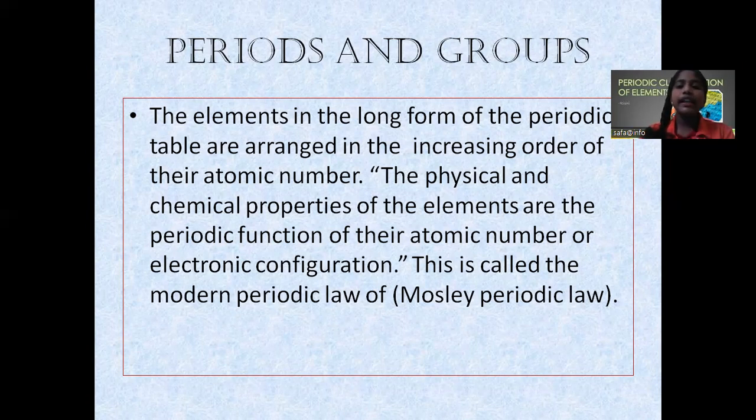So the elements are arranged in the long form of the periodic table. How are they arranged? They are arranged in increasing order of their atomic number, and the physical and chemical properties of the elements are the periodic function of their atomic number or electronic configuration.